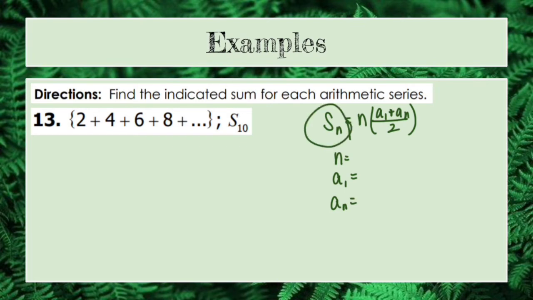That will give us Sn. So we know that n is going to equal 10 because we are given that. We know that A sub 1 has to equal 2. Now we need to find A sub 10.